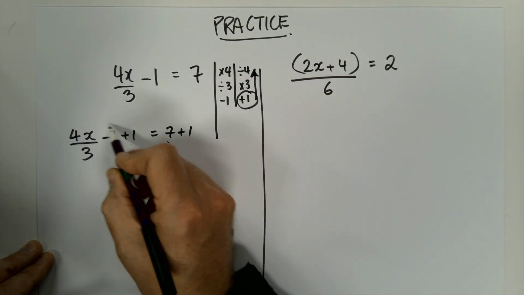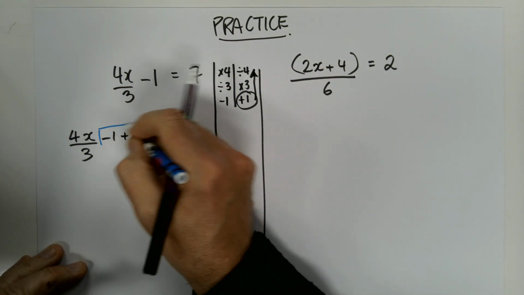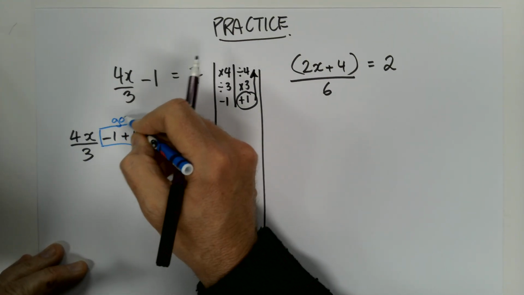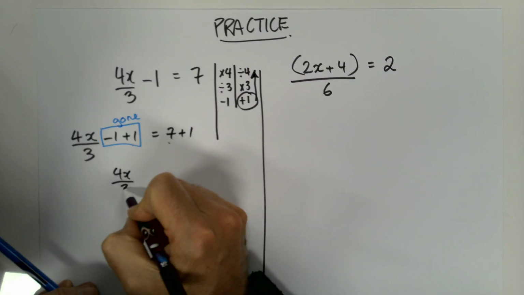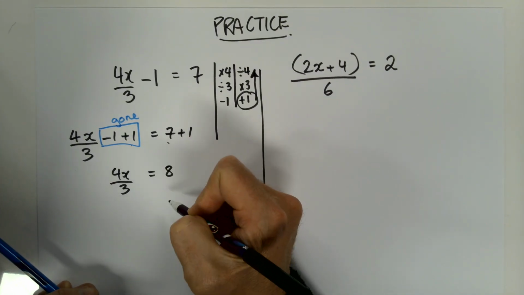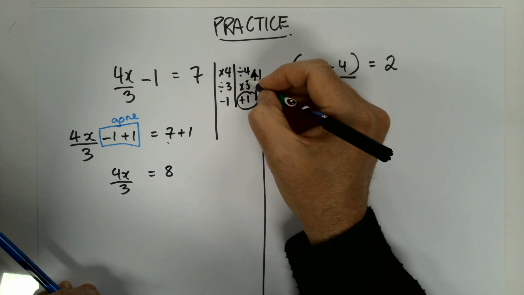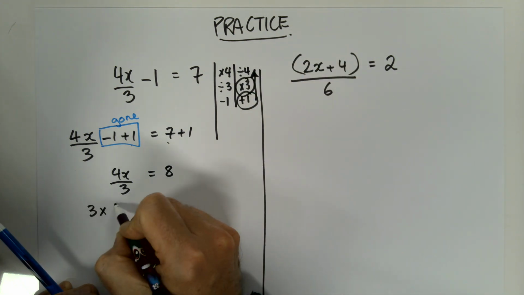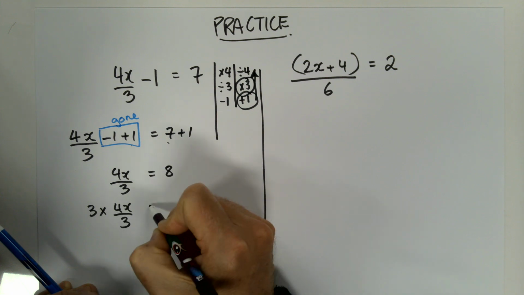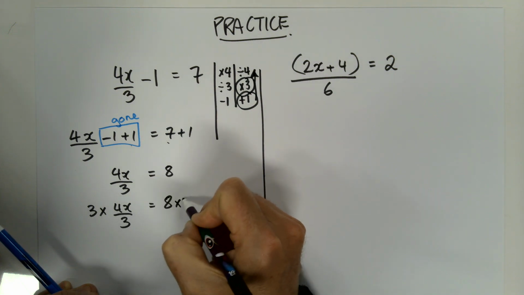Adding 1 to both sides. That is gone. Okay, so what have I got? 4x over 3 equals 8. Excellent. Now I multiply by 3, so I'm going to go 3 times 4x over 3 equals 8 times 3.